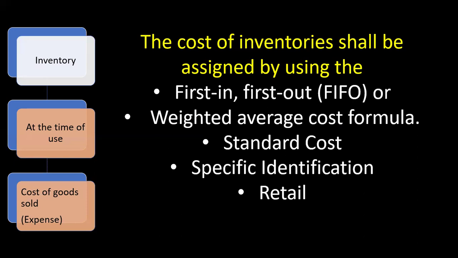So the accounting standard in AS 2 gives the management or the company the freedom to select the relevant and appropriate method. With a change in the method, we will see how it affects the cost of goods sold. As a result, it affects the bottom line, or the profit.